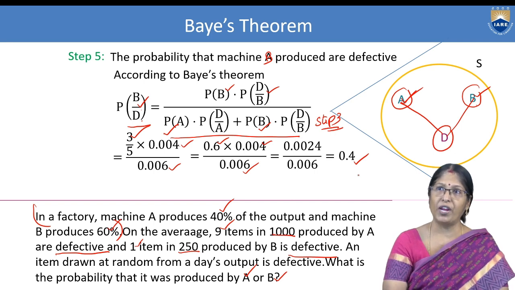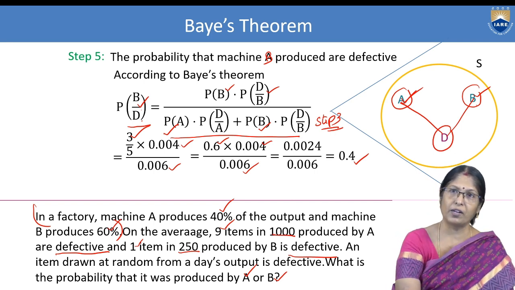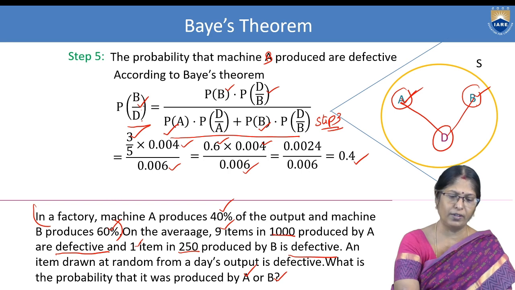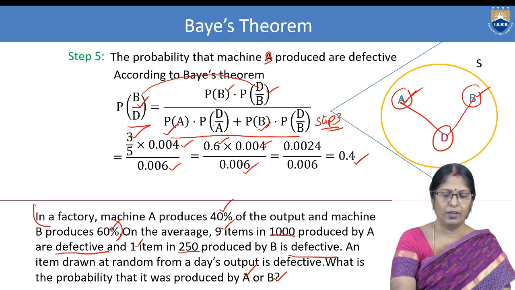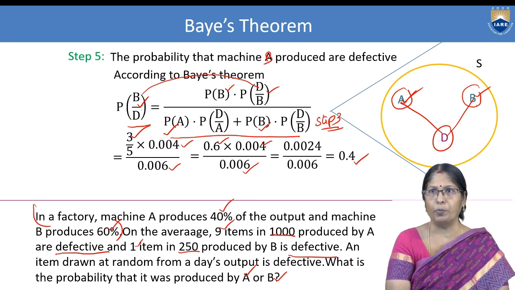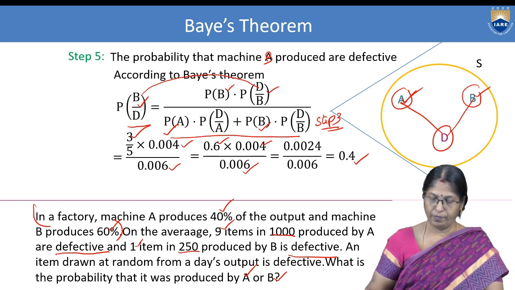Instead of remembering the variables A and B, remember it as main event given that intersecting event. A small technique: here B given D, here it will come D given B into probability of B. Down below, all the main events will play a role. So, checking like this, we substitute the particular values we calculated. So, this problem also we completed.